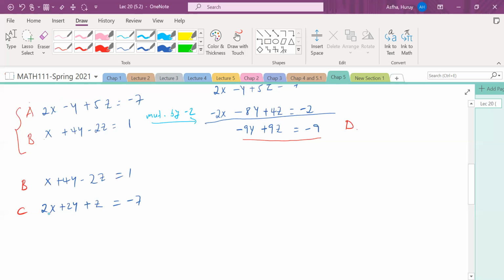Okay, so since we eliminated the x variable before, we should do the same thing here. We need to eliminate the same variable. So I will eliminate x from these equations.